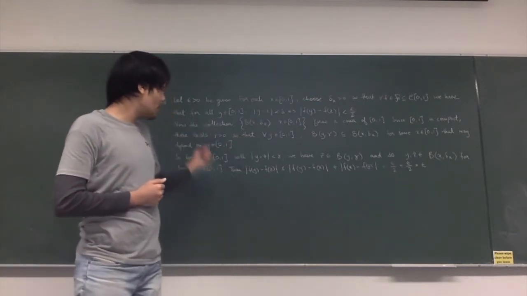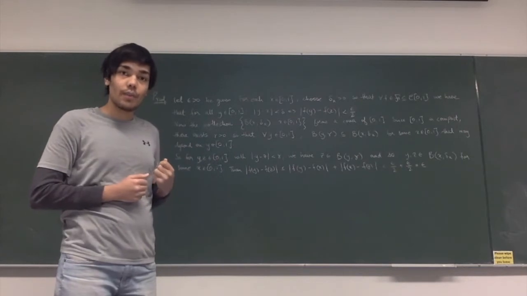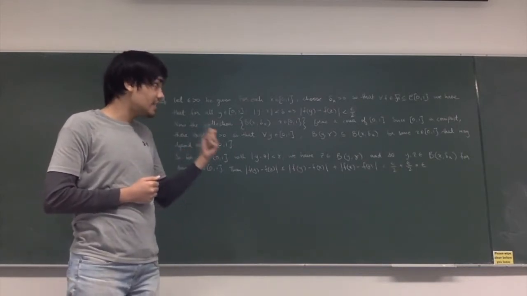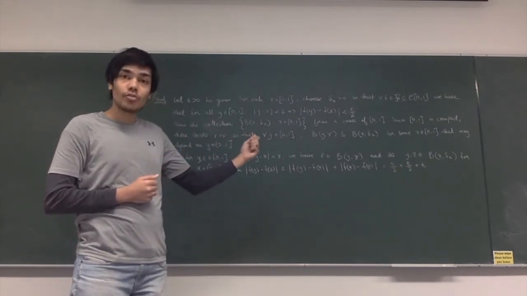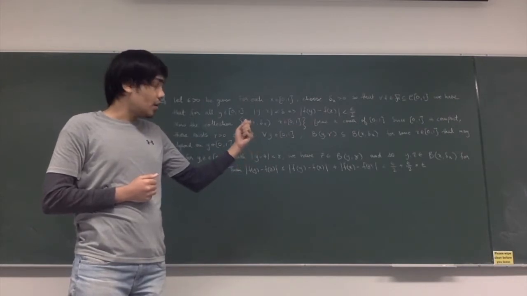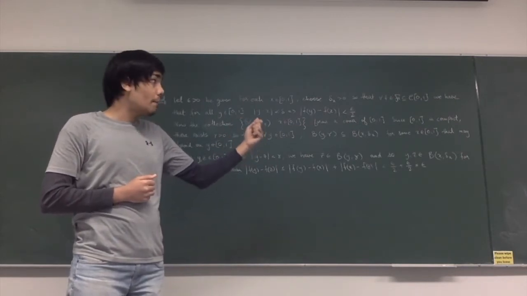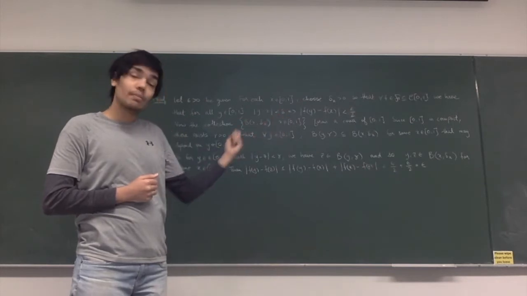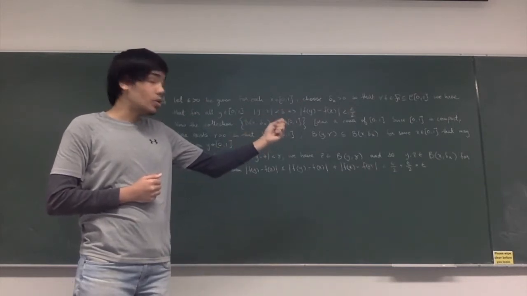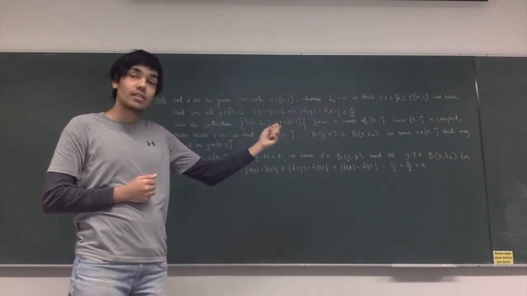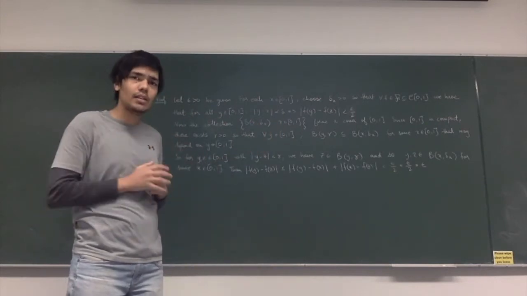And so we know from the statement of the lemma that y and z, both being members of the open ball with center y and radius r, must be members of the open ball centered around x of radius delta_x for some x in our interval [0, 1].